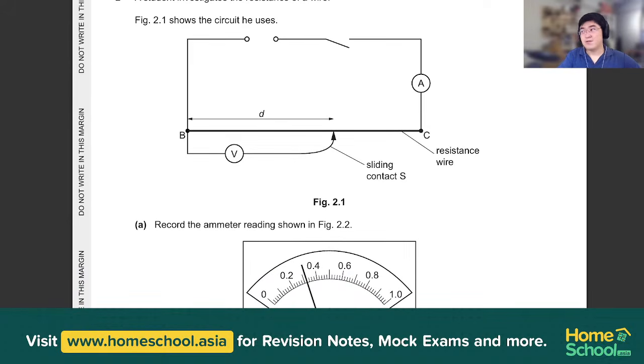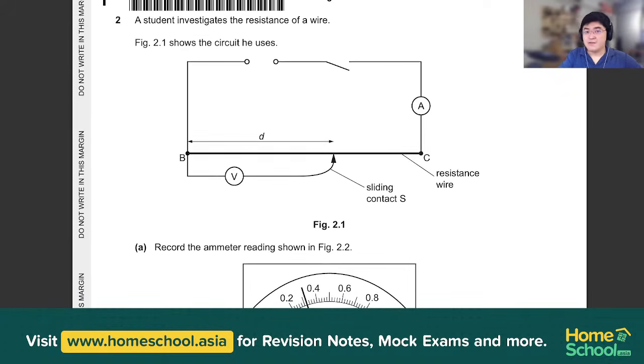All right, so question 2 over here. The student investigates the resistance of a wire, which is over here at BC, all right? And figure 2.1 is the circuit that he uses here.